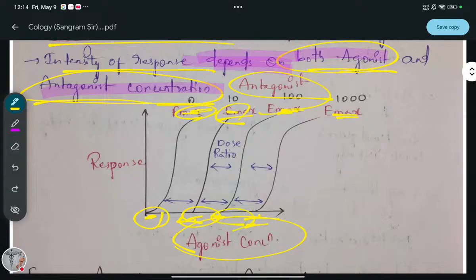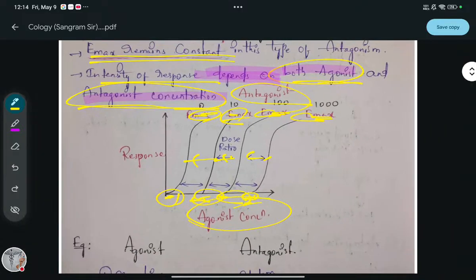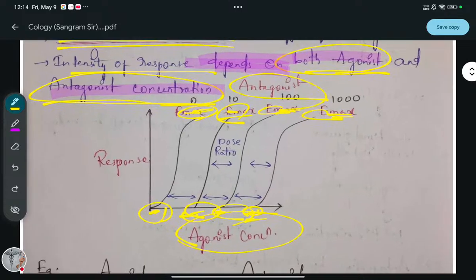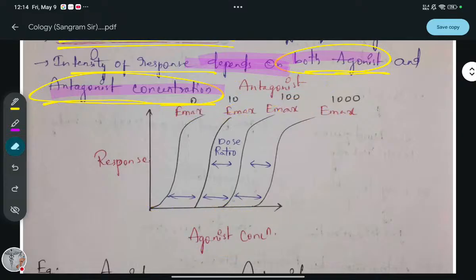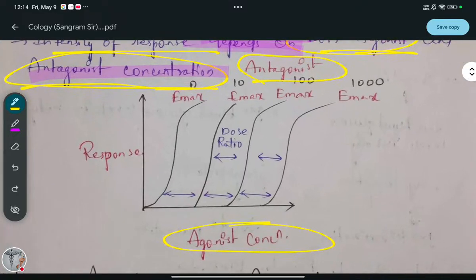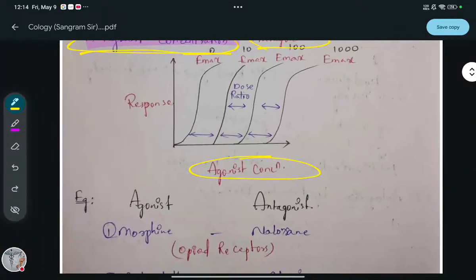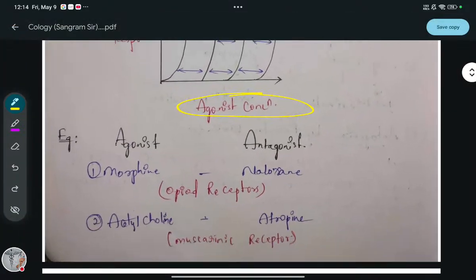But the dose ratio will be the same, because the increase in antagonist concentration and the increase in agonist concentration are equal here. See, the gap is equal or not? So the dose ratio in the dose response curve will also be equal.